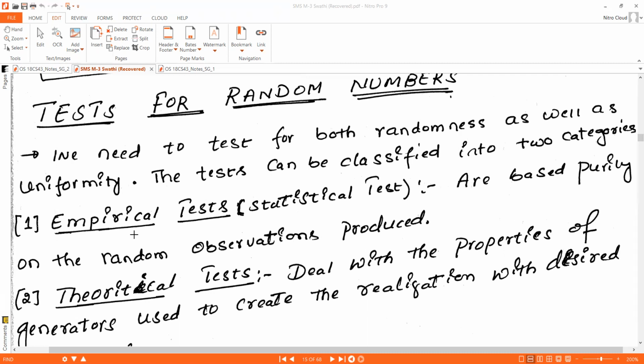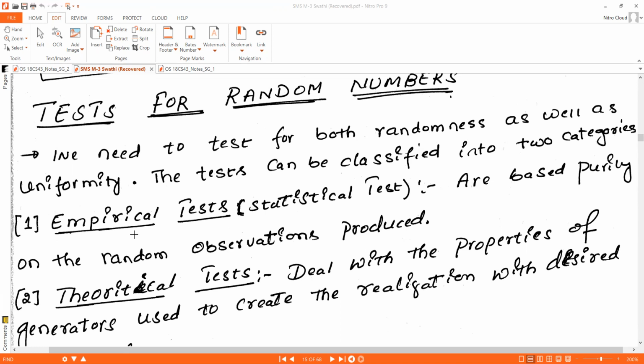Whether a number is a random number or not will be identified by checking whether it follows the randomness property and the uniformity property. Tests for random numbers are classified into two categories.